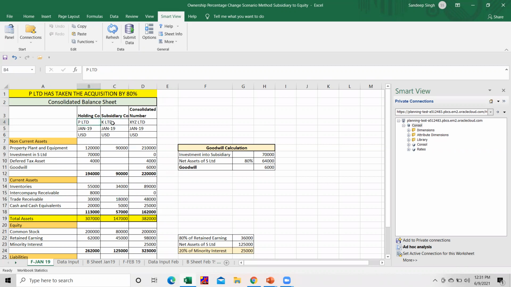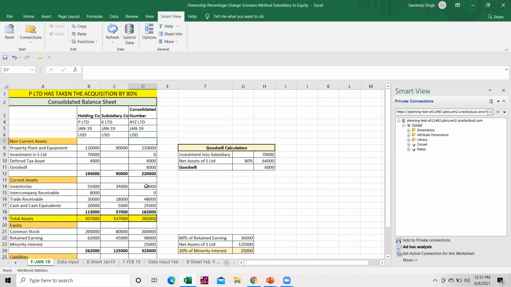P Limited will be the holding company, and this number pertains to the month of January. In column D, you can see the consolidated number. As P Limited has taken the acquisition by 80%, the subsidiary method of consolidation will be applicable, under which we add the assets and liabilities of the subsidiary with the assets and liabilities of the parent.